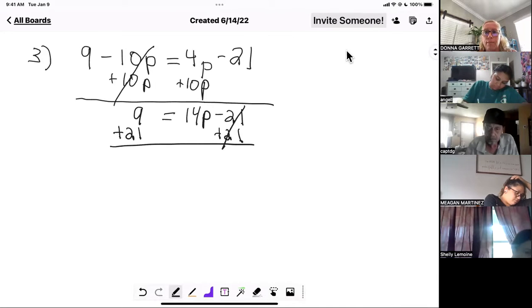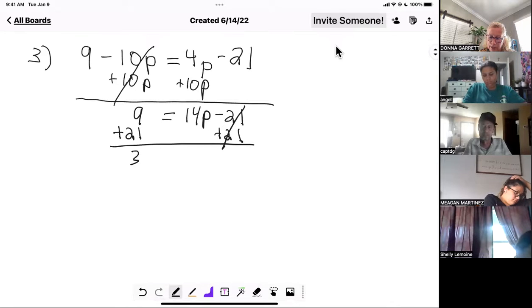Hold on, so much is coming in. And then I get 9 plus 21 is 30 equals 14p. And now to solve for p, I divide by 14.